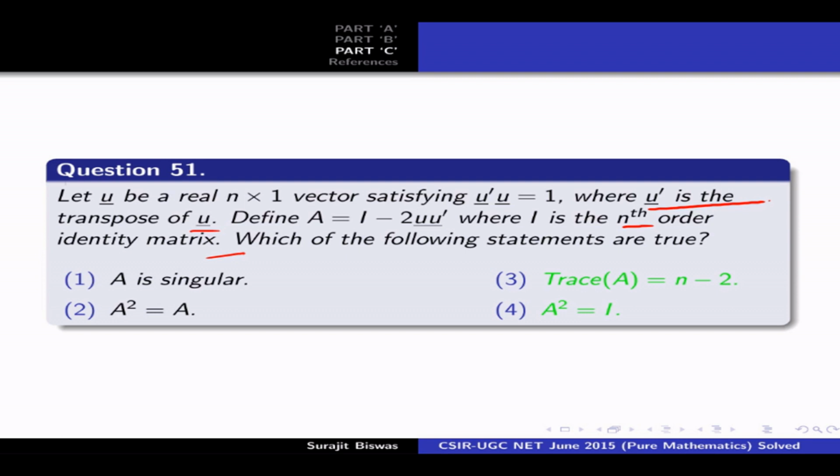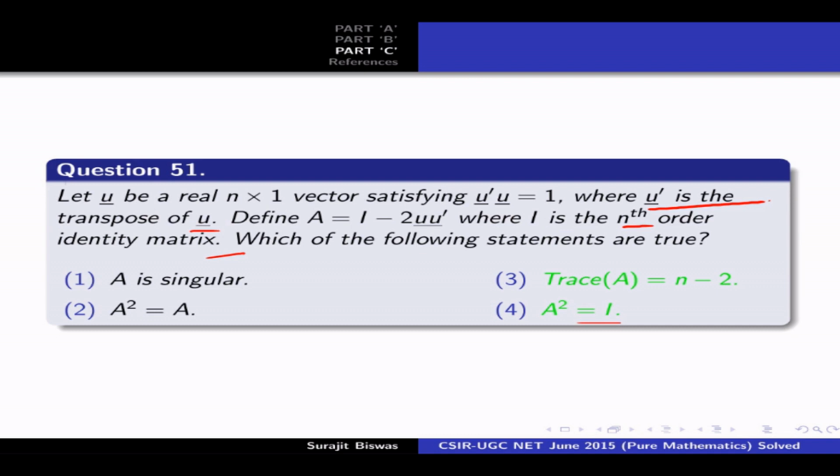Which of the following statements are true? First option is A is singular. Second option is A square equal to A. Third option is trace of A equal to n minus 2, and fourth option is A square equal to I.